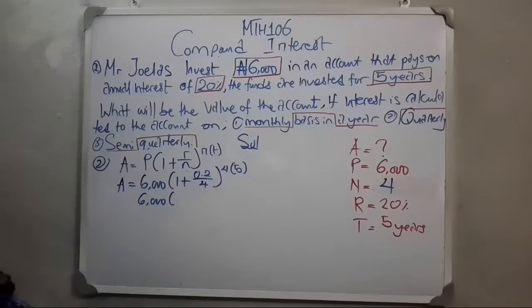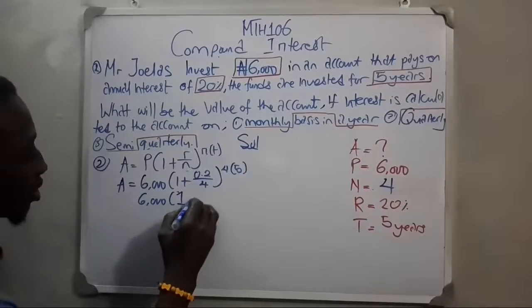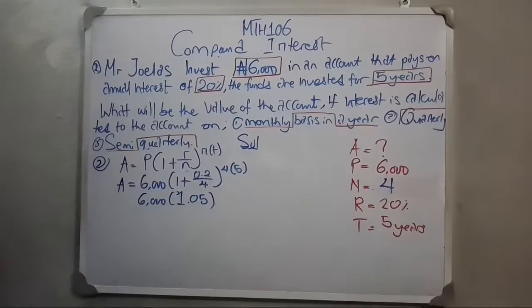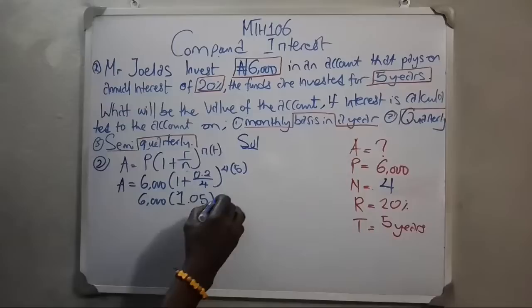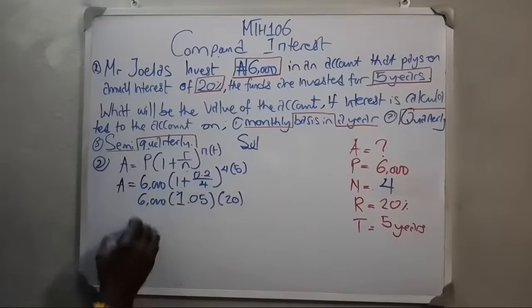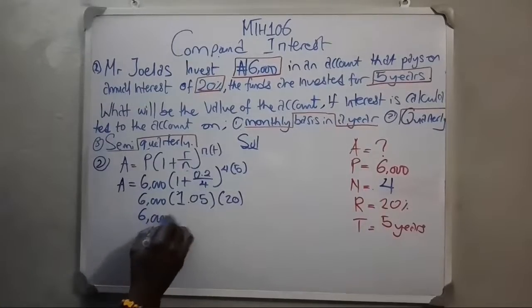Let me be sure of everything I'm doing now. 0.2 divided by 4 equals 0.05, plus 1, that is 1.05. All right, this 4 by 5 is 20. This is 6,000.